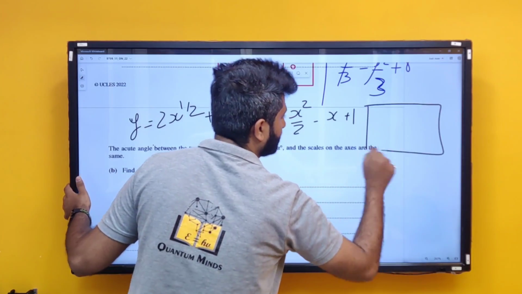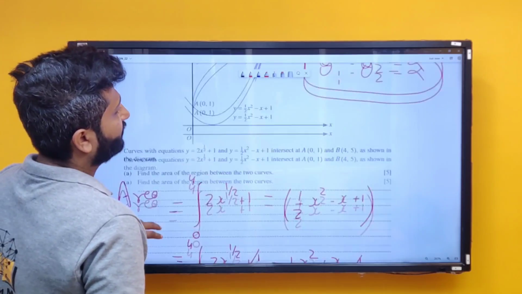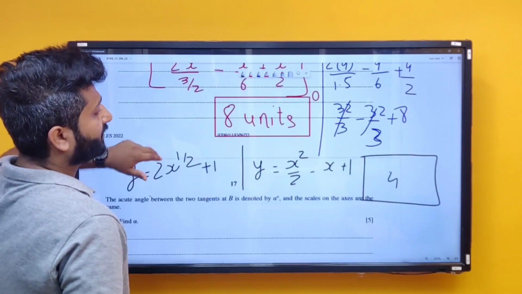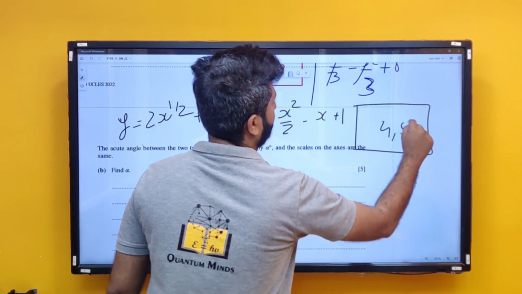And if I'm not wrong, both the tangents were intersecting at 4 comma 5. Yes. So both the tangents are intersecting at 4 comma 5.